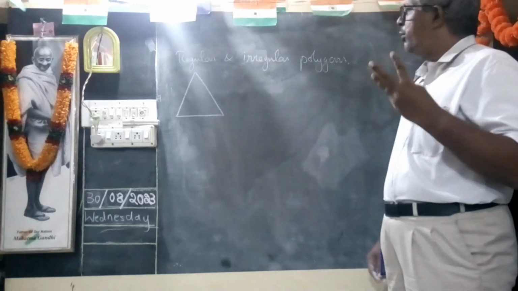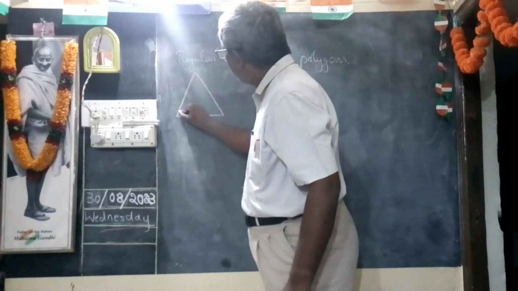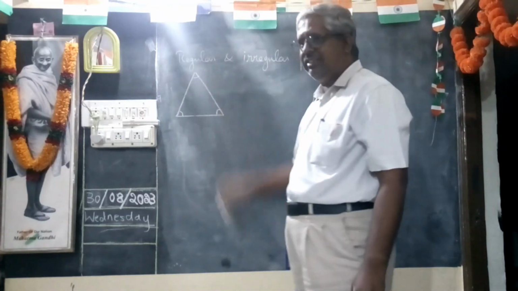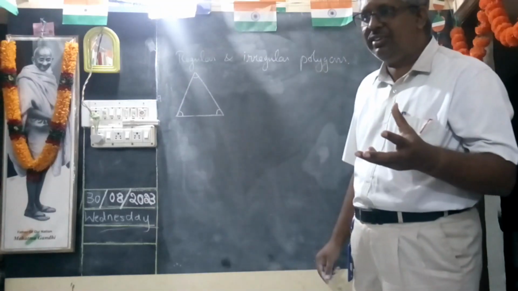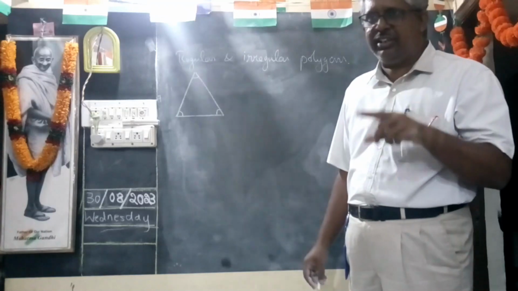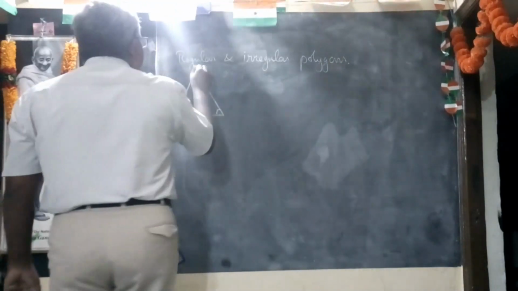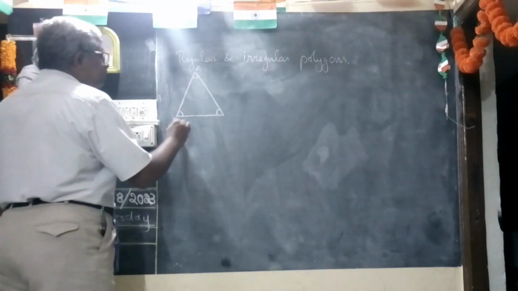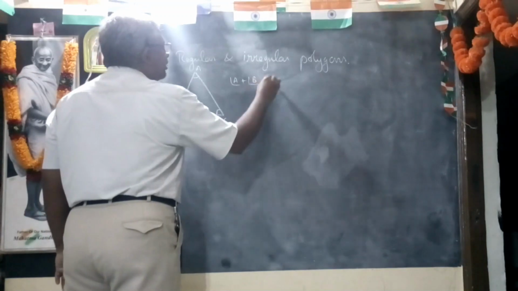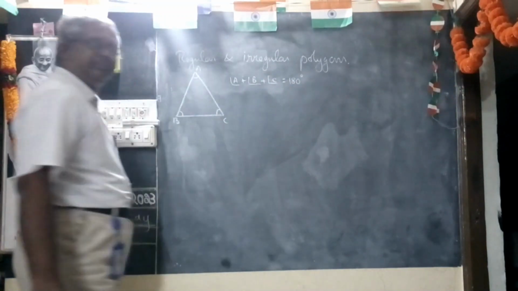I call this a polygon which is regular when the sum of all the angles in the triangle is what? 180 degrees. The sum of all the angles in a triangle is 180 degrees. And if I call this triangle ABC, what I mean is angle A plus angle B plus angle C should be 180 degrees.